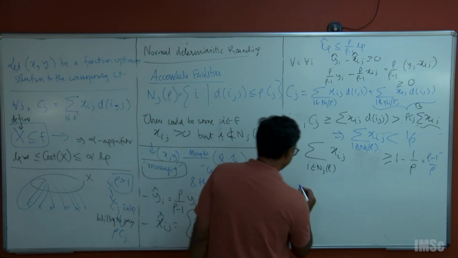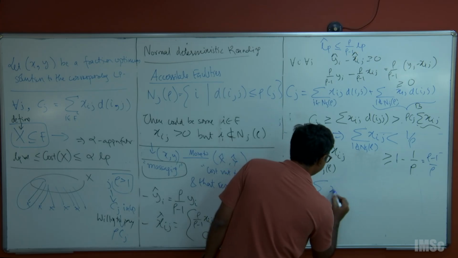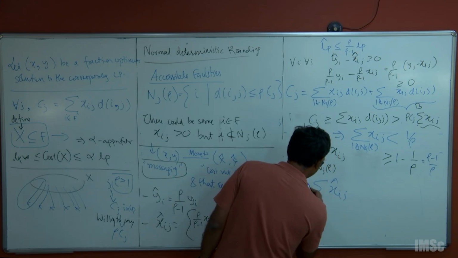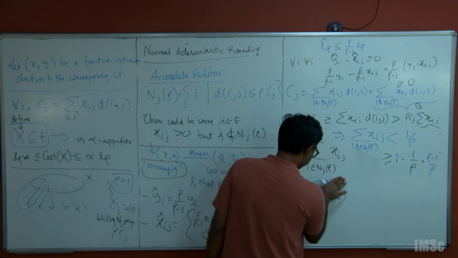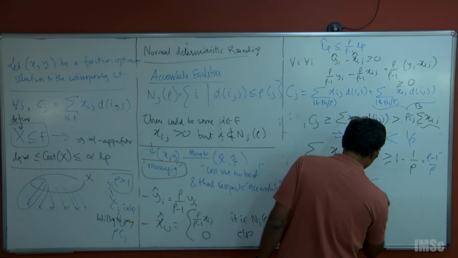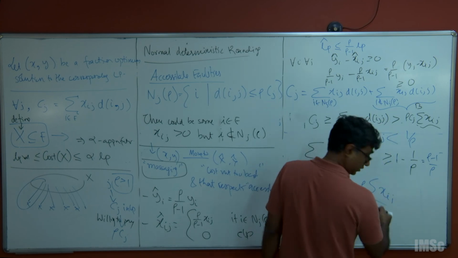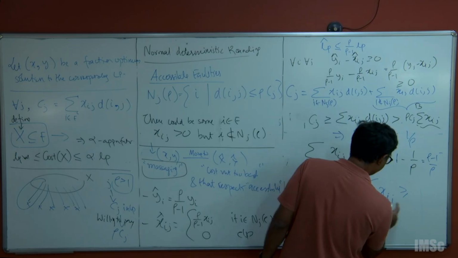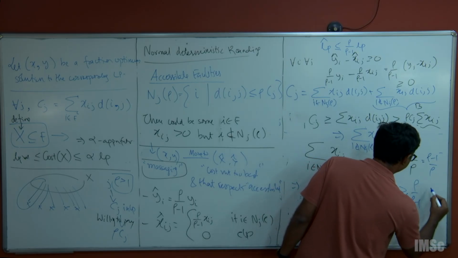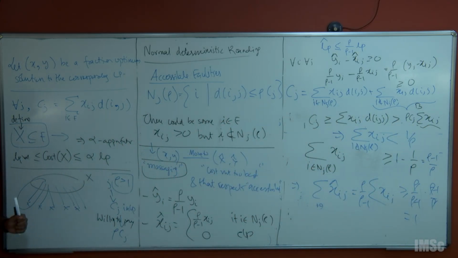So the summation of xij hat is nothing but the summation of rho minus 1 times xij. And rho minus 1 times rho minus 1 by rho got cancelled. That's it. So what I have shown to you is that it is indeed a feasible solution.